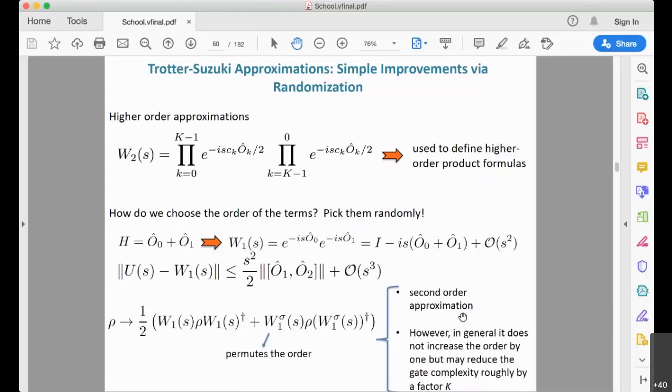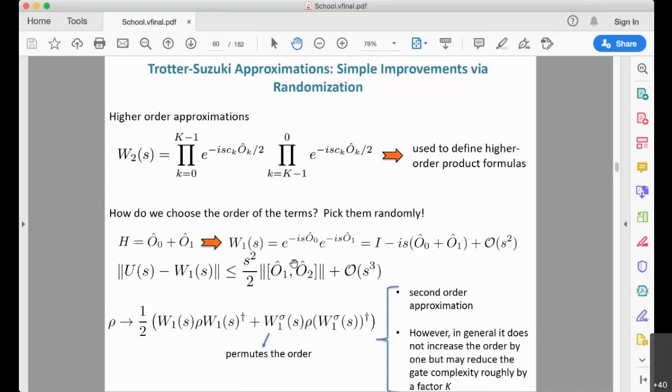Now, if you pick O0 first and O1 next, then the commutator flips sign. Sorry, this should be O1 and O0, not O1 and O2. So if you take the sum of the two things, you kill the second order term.